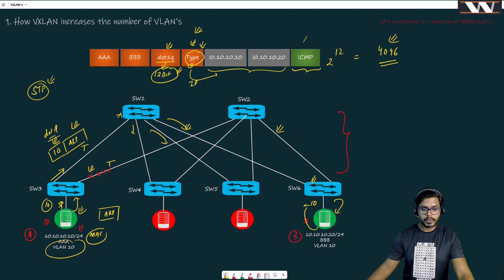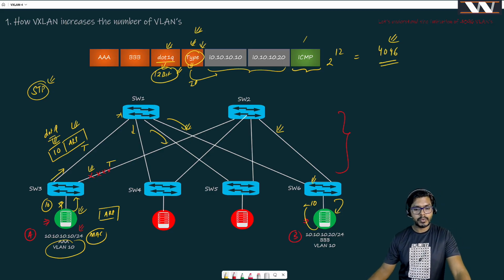Now my question to you guys is, suppose there are 2 more servers here, server C and server D. These are also in VLAN 10, right? And maybe the MAC address for C is CCC and the MAC address for D is DDD. The IP you can presume to be anything.